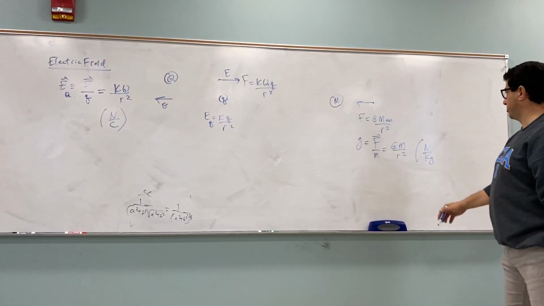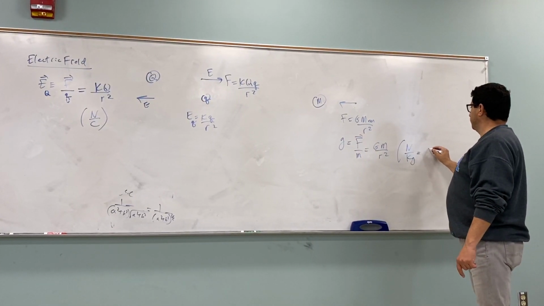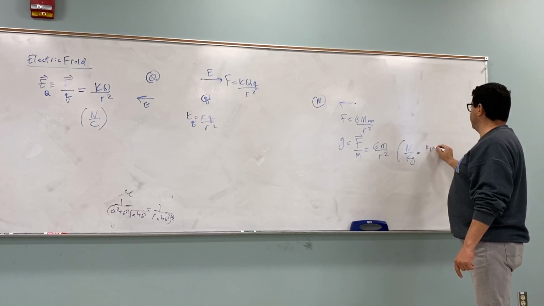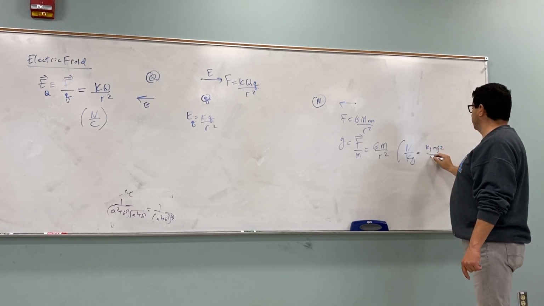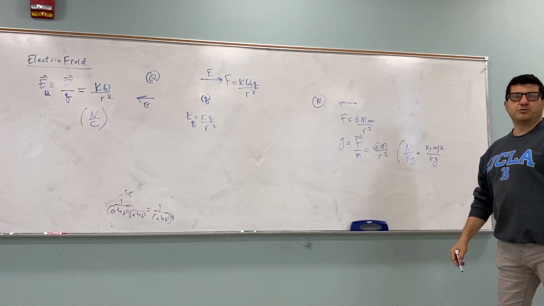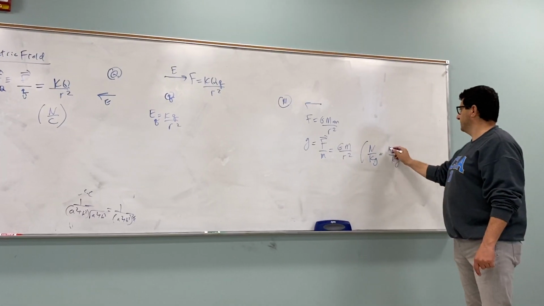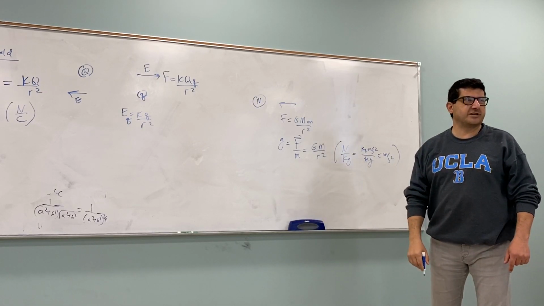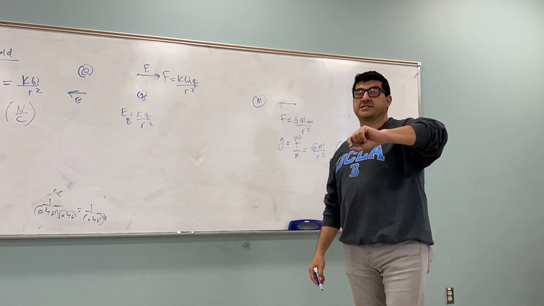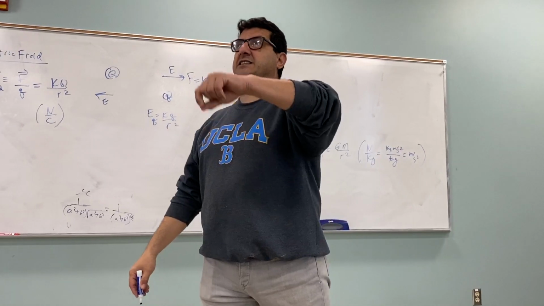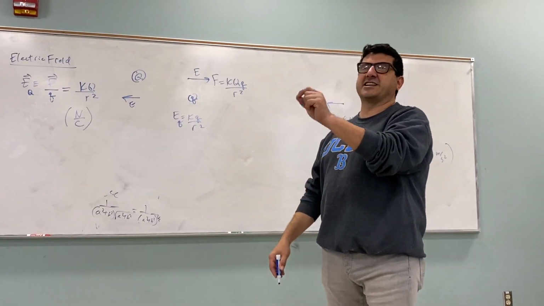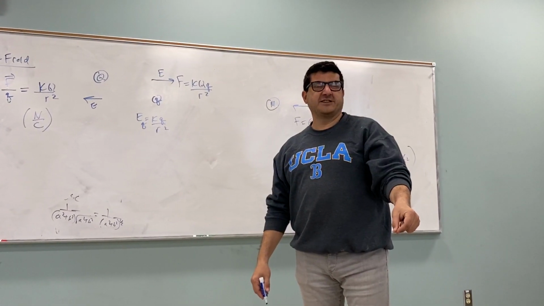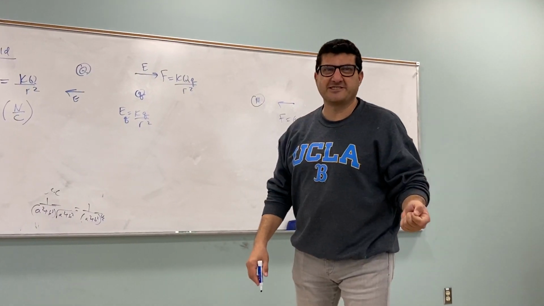But newtons per kilogram, because a newton is a kilogram meter per second squared, when you divide that by a kilogram, you get meter per second squared. So the gravitational field set up by an object is the same thing as the acceleration you experience at the surface of that object.